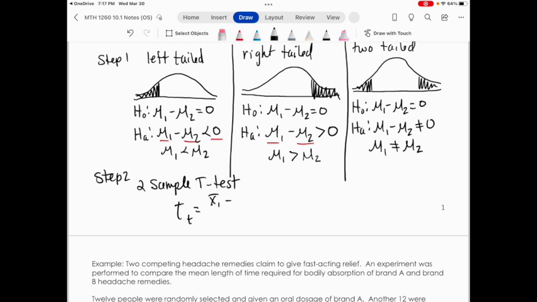And for those of you who like to use the formula to calculate the test statistic, it would be where I take my x1 bar minus my x2 bar, and then I divide by the square root of the sample standard deviation from the first sample squared divided by the first sample size plus the standard deviation from the second sample squared over the second sample size. And I add those together and it's all under the square root together in the denominator.